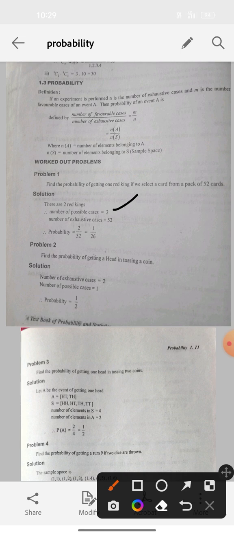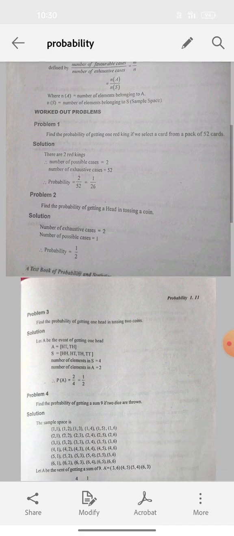And the number of exhaustive cases, which means the total cards, is 52. So using the formula we have already learned, number of favorable cases by number of exhaustive cases gives 2 by 52. Probability always has to be in least terms, so you need to cancel it. After cancelling, your answer is 1 by 26.